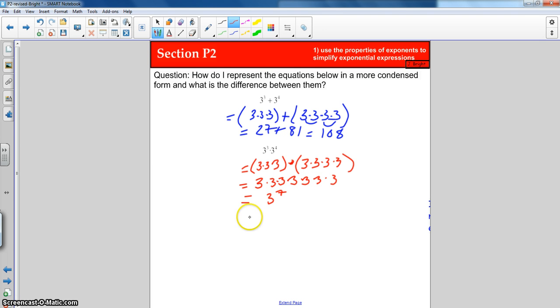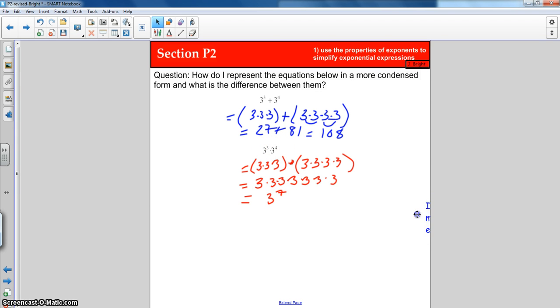So what was the relationship that I used here? I represented 3 3's being multiplied together here, 4 3's being multiplied together here, and the end product was 3 to the 7th. Well, I could have just done that by looking at the exponents and adding them, because 3 plus 4 is 7.